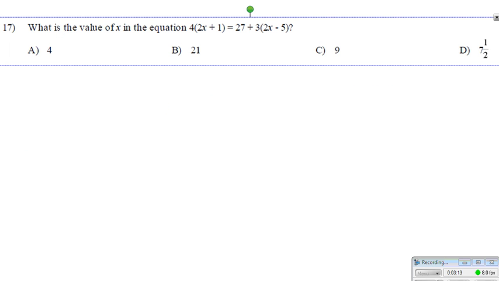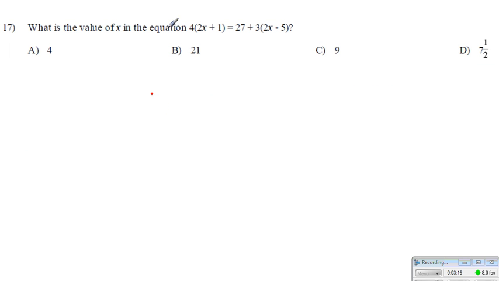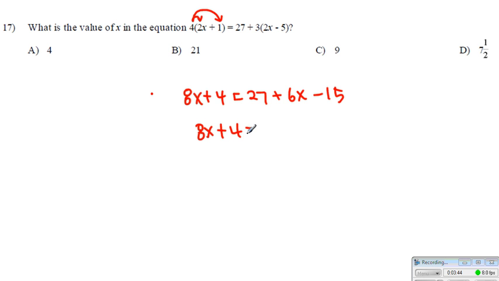Alright, number 17. Now what is the value of x? So in this case, what we have to do is first distribute. So 8x plus 4, when you multiply 8 to 2x, and 4 to 2x and 4 to 1, is equal to 27 plus 6x minus 15. Now, if you have to combine them together, we will end up getting 8x plus 4, and then 27 minus 15 becomes 12 plus 6x.